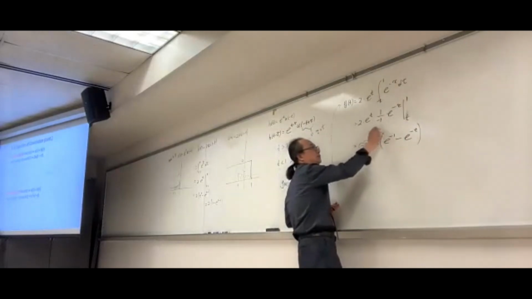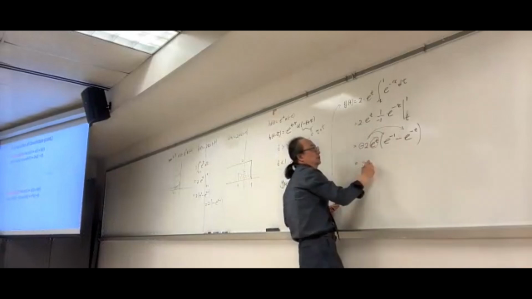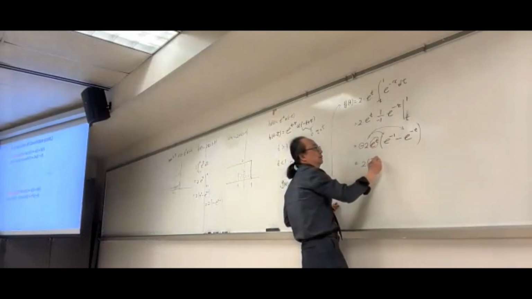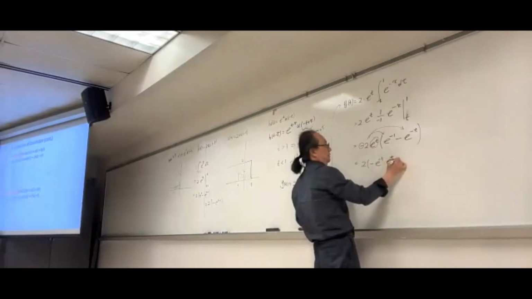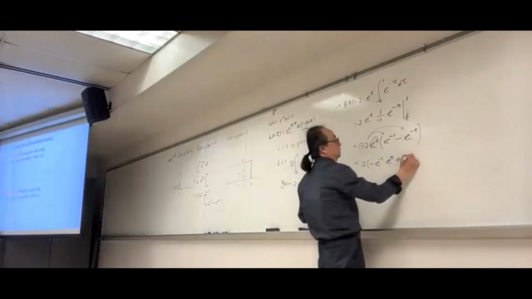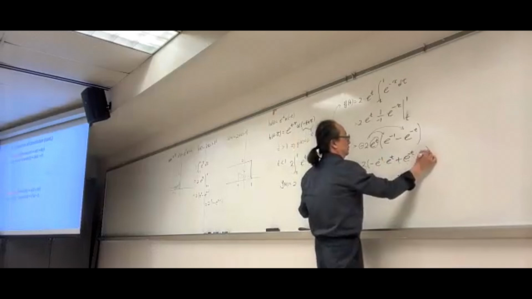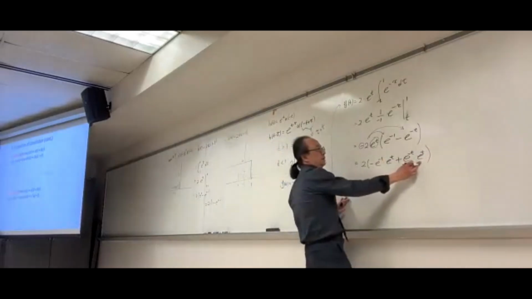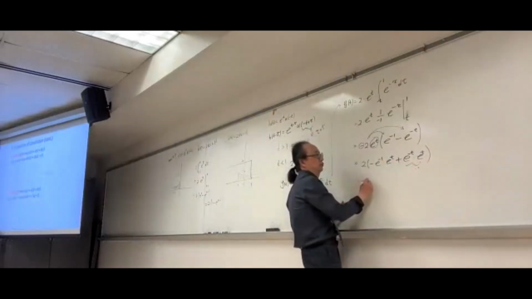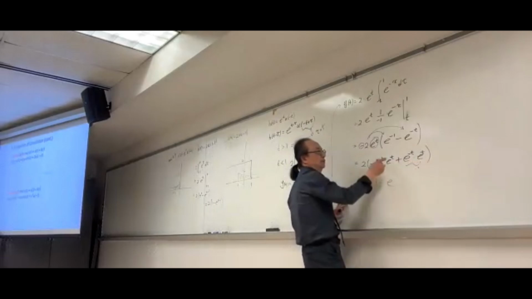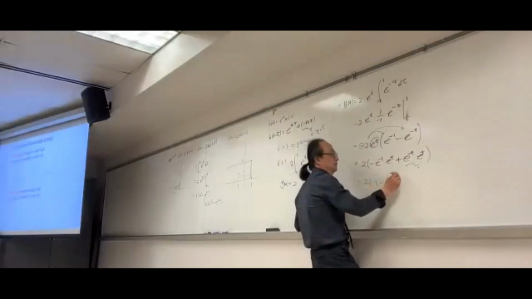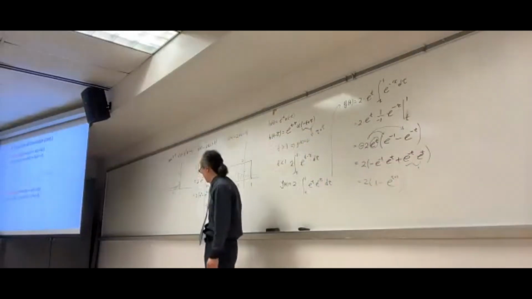We can distribute it, and we have 2 negative e to the t plus e to the negative t times e to the t, and this is 1, so 2 times 1 minus e to the t minus 1, which we can combine.